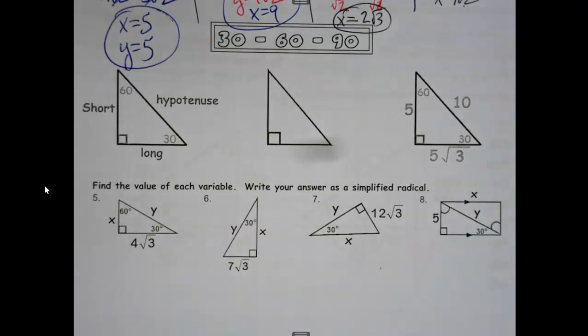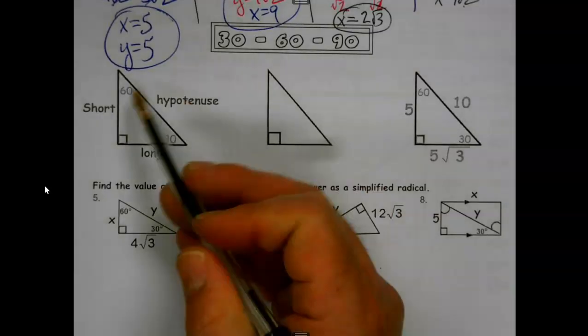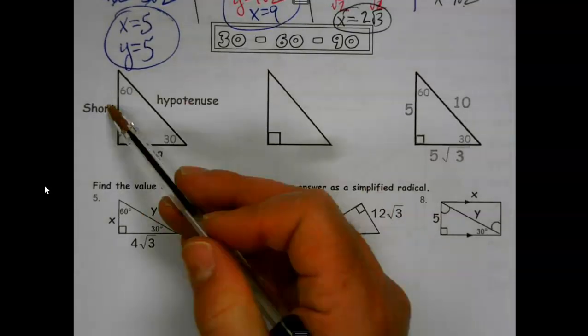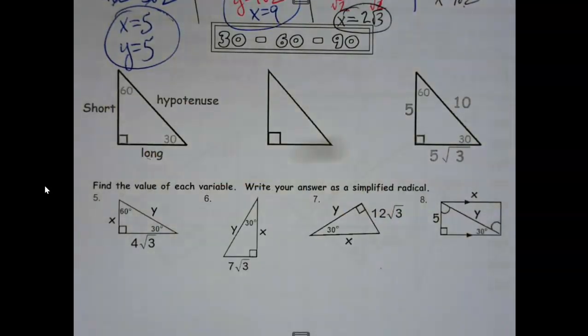So what changes when we get to 30, 60, 90? Well, we don't get the ease of both of our legs being the same anymore. The hypotenuse is still the long side, but when you're trying to figure out between short and long, it has to do with the degree measure of the angle opposite that.